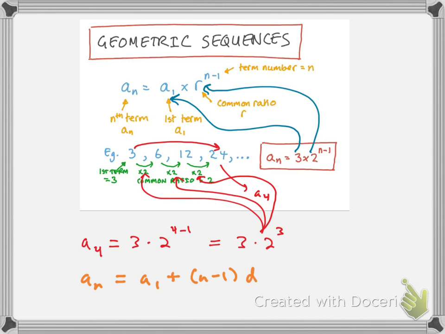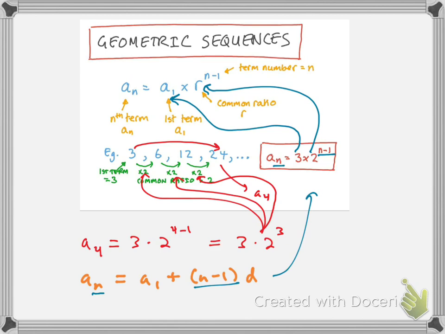So you see that correlation happening in both of these: this is an n, this is an n minus 1. Okay, so that's the general form of an explicit formula for a geometric sequence.